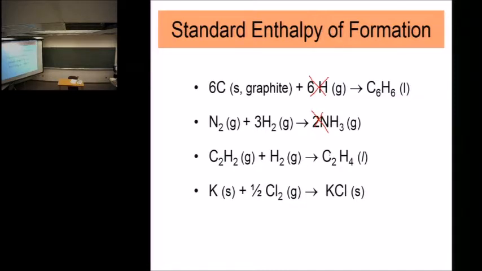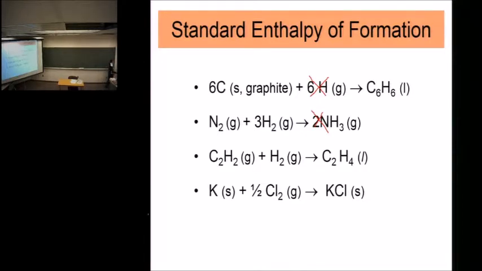Okay, what about the third one? It has to be elements. Okay, it has to be elements, right? Did we say that? Do I have 1 mole of product, by the way? Okay, that part's good. Now let's take a look at the elements. Am I supposed to have elements as reactants? Yeah, do I have elements in their most stable state? No. So is that a heat of formation reaction?